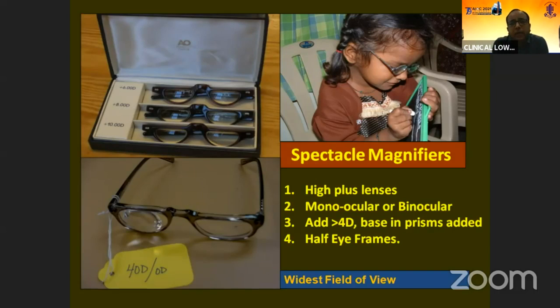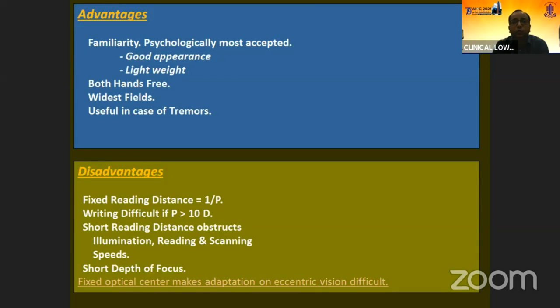These are the spectacle magnifiers, which work on the principle of relative distance magnification. The user brings the subject closer to the eyes at the correct focal length to see things better. They allow the widest field of view as compared to other aids. Because of their familiarity, they are the most accepted ones, and as both hands are free, manual dexterity allows us to do more things.